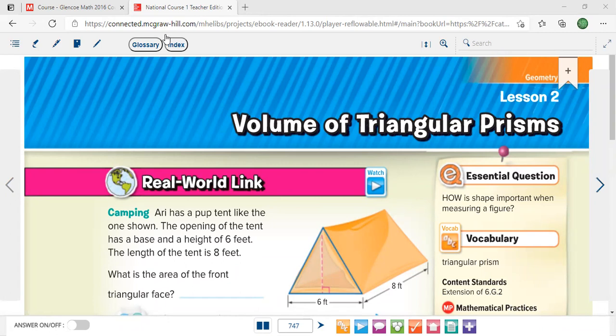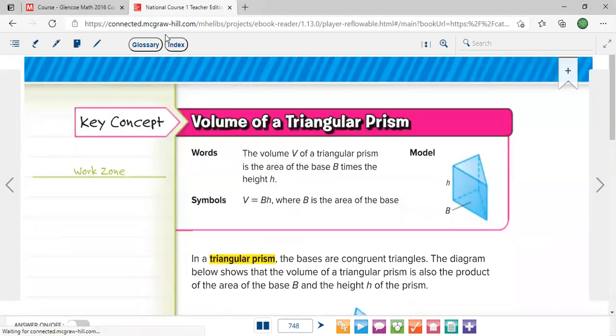And let's see how we can find its volume. We are going to use the general rule for the volume equals BH, such that B is the area of the base. Means you are going to find the area of the base, this base shaped like a triangle.